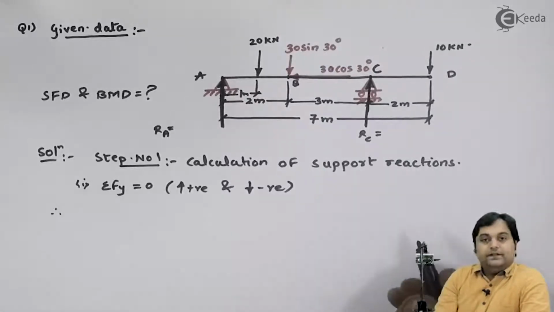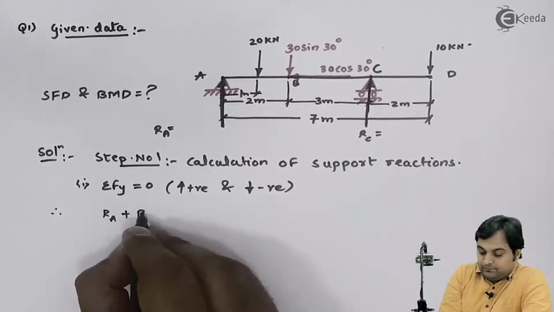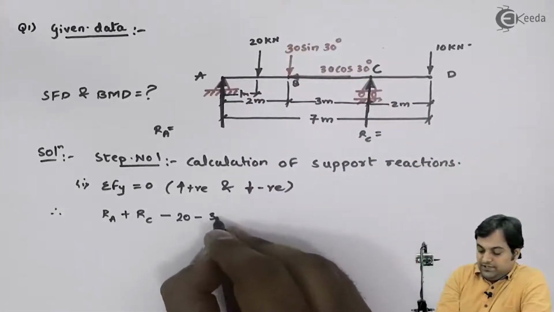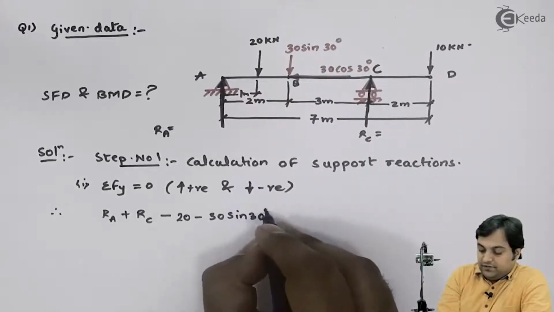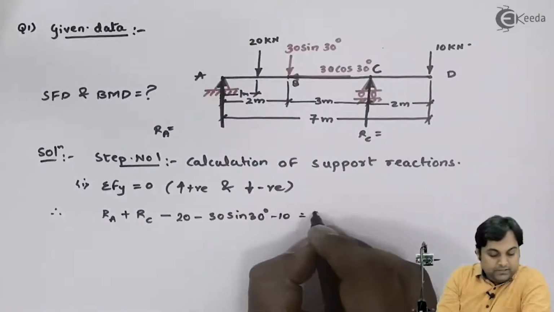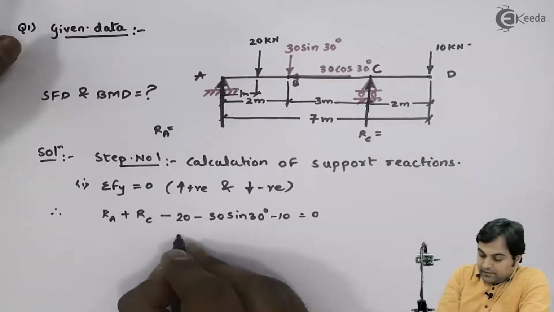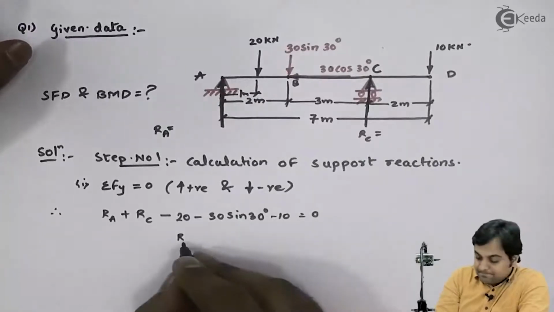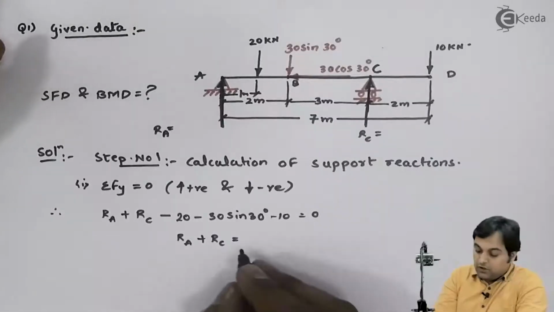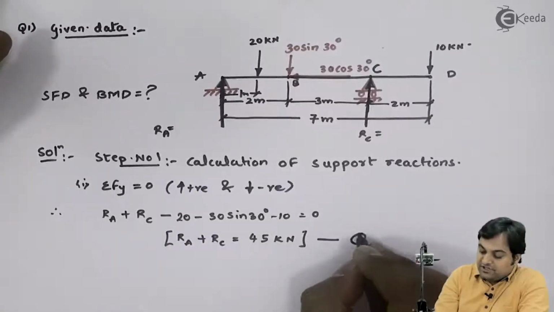So therefore, here I can write this as RA plus RC minus 20 minus 30 sin 30, the vertical component in downward direction, then minus 10 is equal to 0. Therefore, I would be getting RA plus RC equal to 45 kilonewton. This will be my first answer.